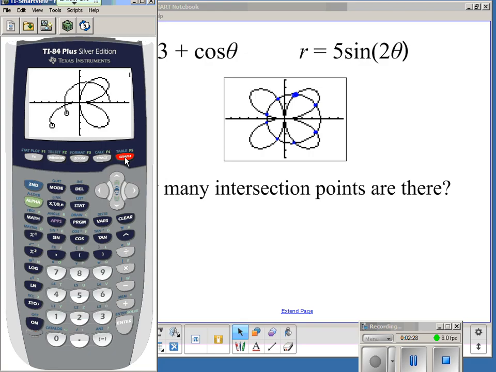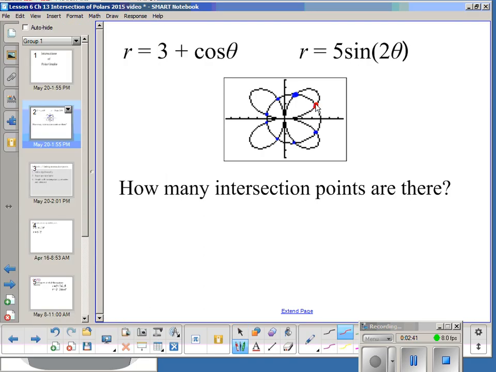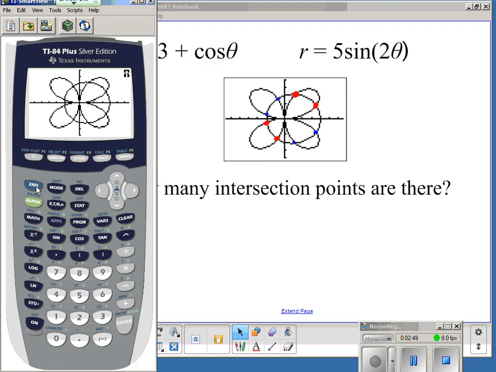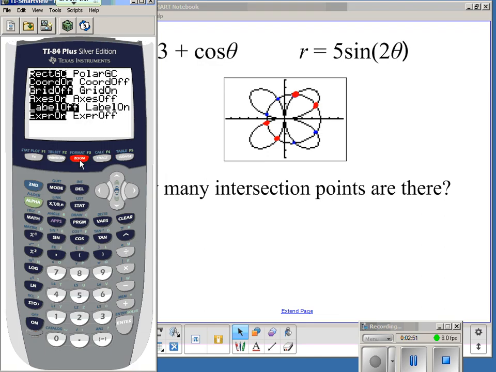There's a third and a fourth, because they're in the same place at the same time. So if we come back to our graph over here, it looked like only this, this, and this are our true intersections.